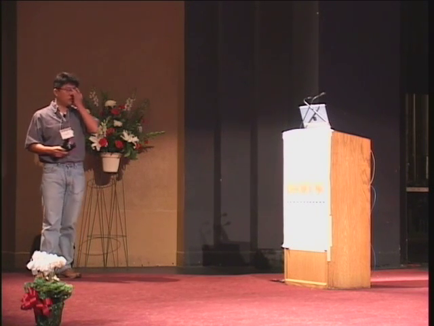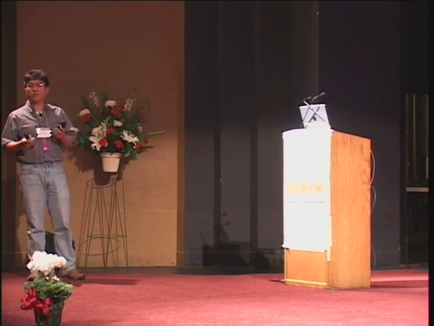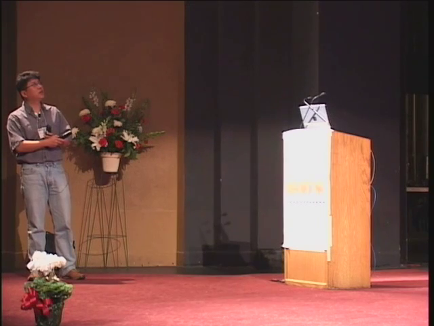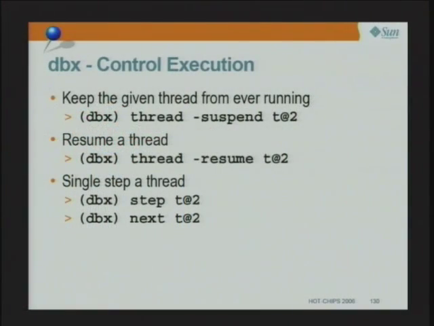Then once you find out what's going on, you want to resume your execution, and you can do several things. For example, you can say for a specific thread like T2 that it should not run from this point. You just say suspend, and in this way thread 2 will not execute. If you say continue, all the other threads will continue to execute, while thread 2 will stay stopped.